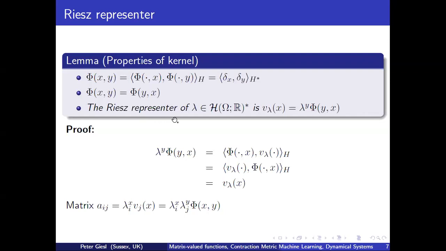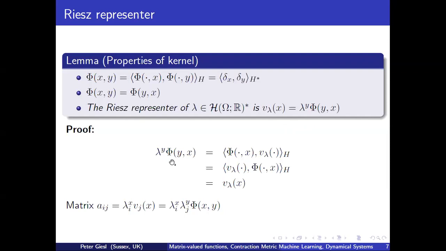That was the reason I started this section about the reproducing kernel Hilbert space, because remember on the optimal recovery earlier, we needed to find the Riesz representer of a lambda. Now, the Riesz representer of lambda is given, if we are in a reproducing kernel Hilbert space, just by lambda applied with respect to y to the kernel, so one of the elements of our kernel. That's still a function of x, and that's the Riesz representer.